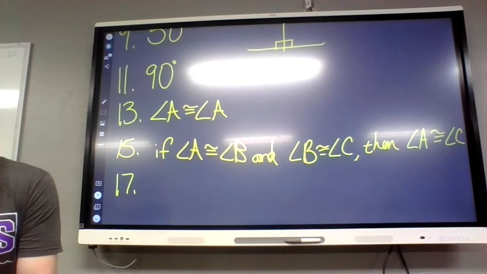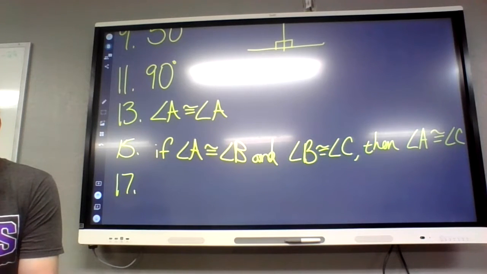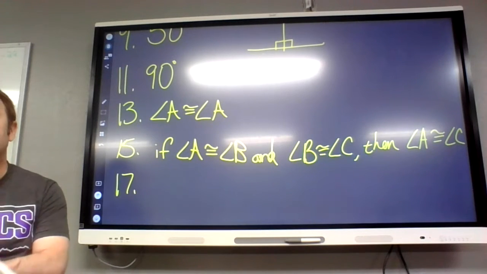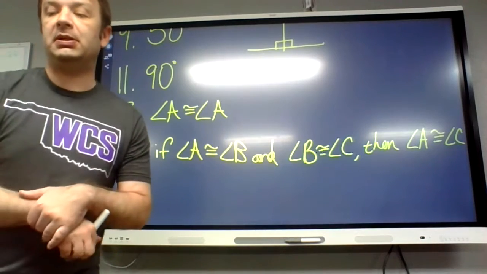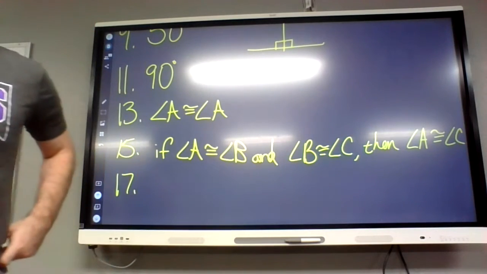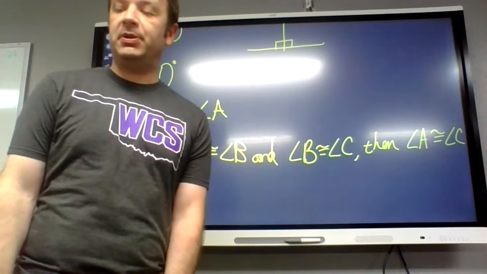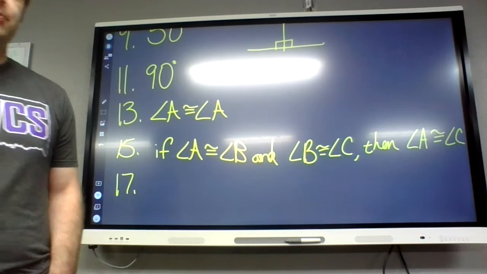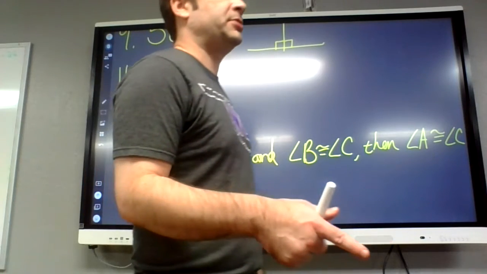All right. Number 17. Name the definition, postulate, or theorem that justifies the statement. It says if angle C and angle D are supplementary, then the measure of angle C plus the measure of angle D equals 180. How did they know those two would add up to 180?